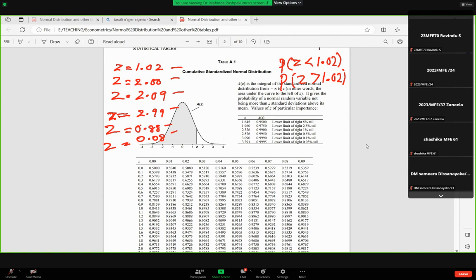Yes, I think the answers are correct. Then the first one I showed, and the second one also I can show.